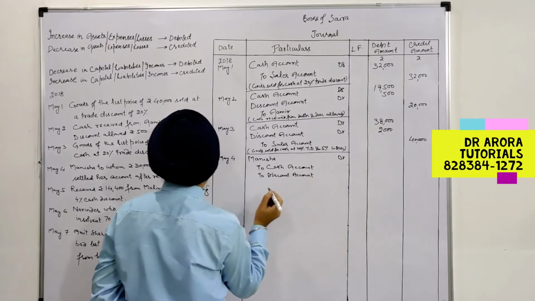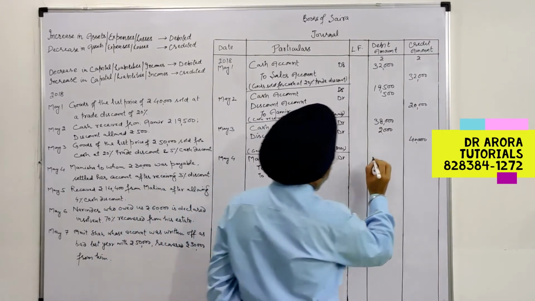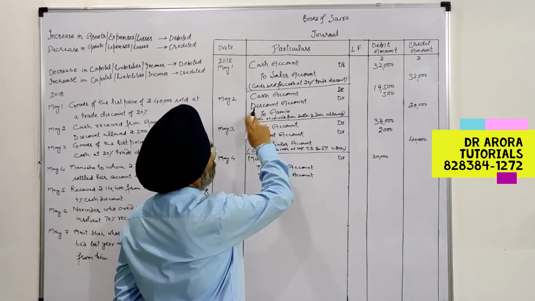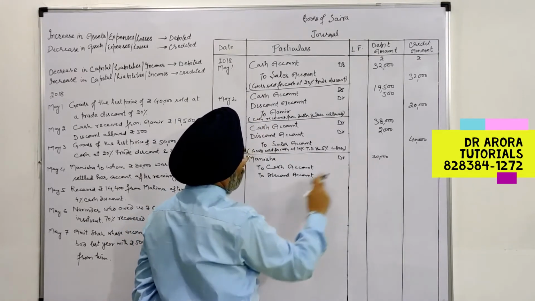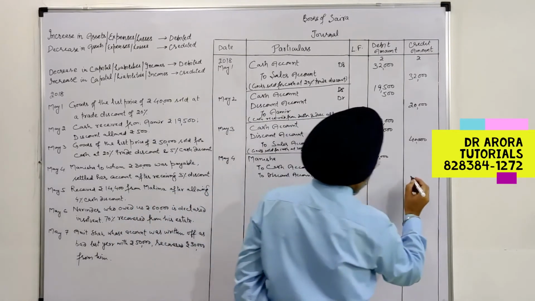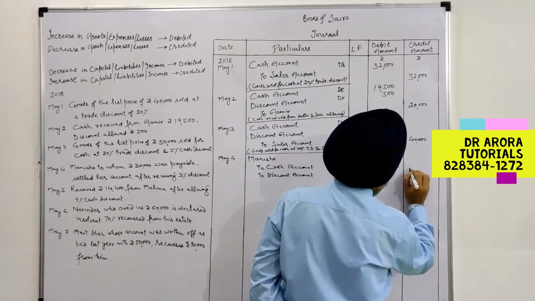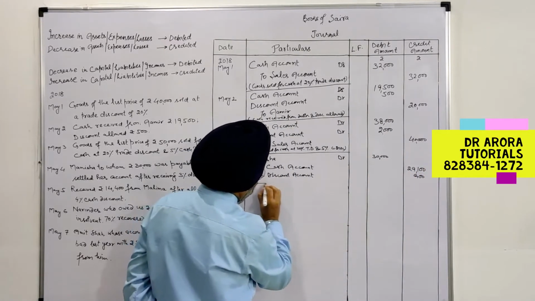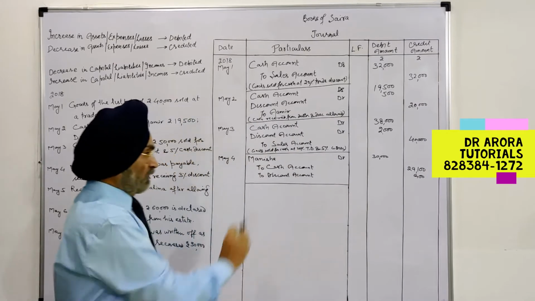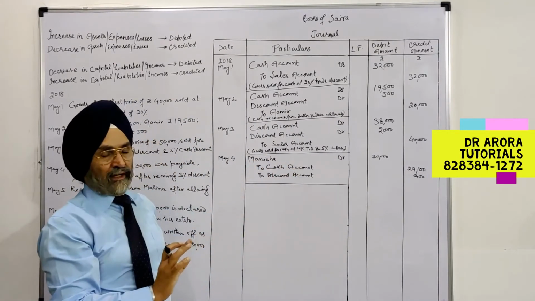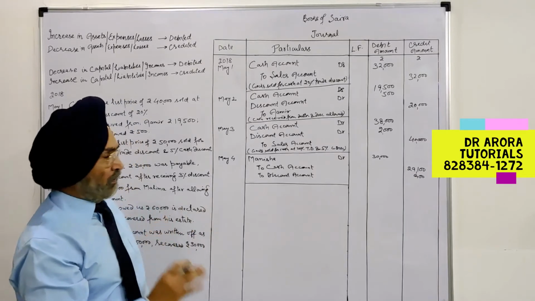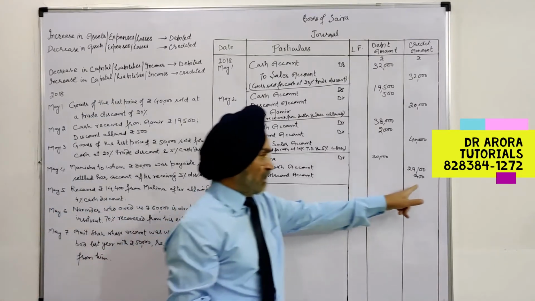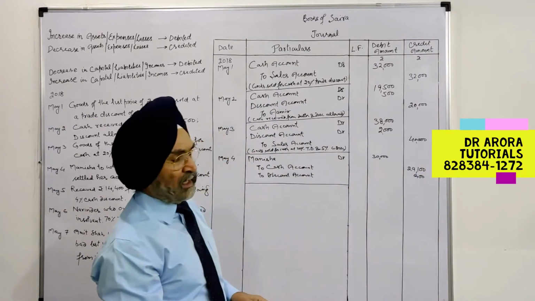Because when we make the payment, we receive the discount, and when we receive the payment, we allow the discount. 30,000 was payable, 3% discount is received, that means 900 discount is received, net amount paid is 29,100. So cash and discount always come on the same side, either both debited or both credited.